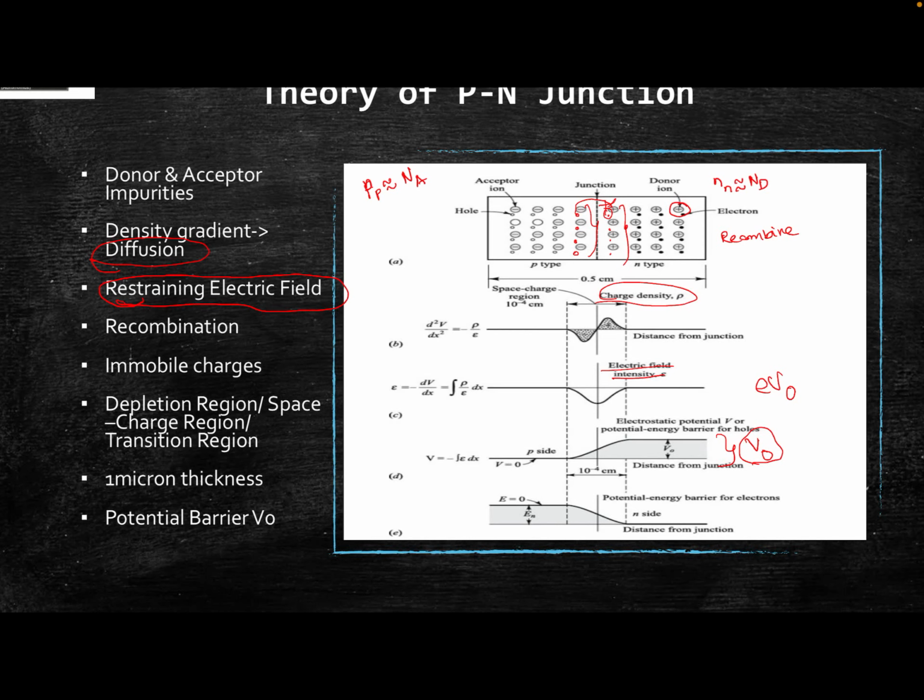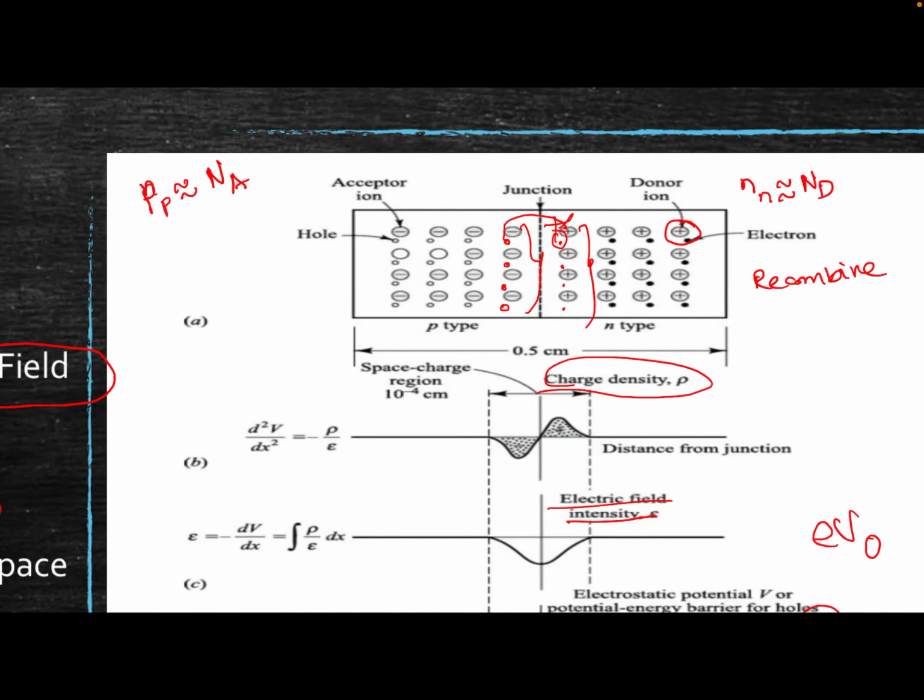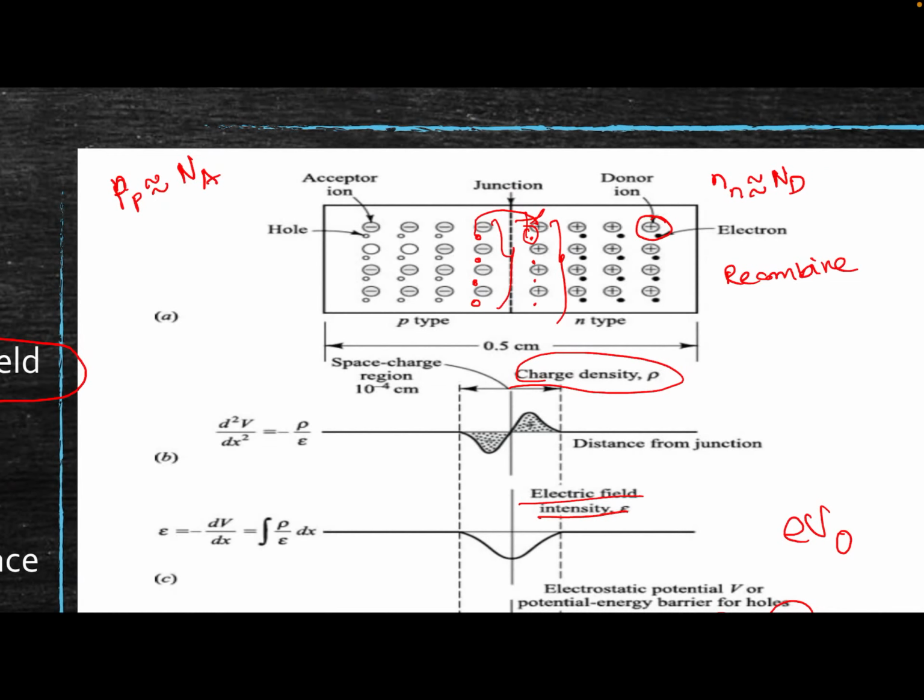At this equilibrium, the region around the junction is left with immobile charges. Why are they immobile? Because these charges are nothing but the acceptor ions and donor ions, which are quite large in size compared to holes and electrons.